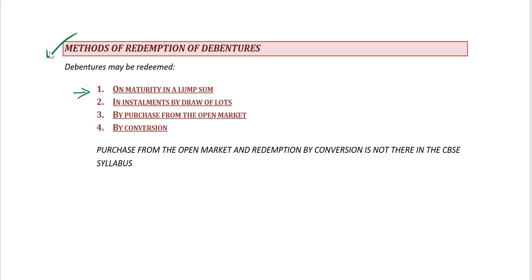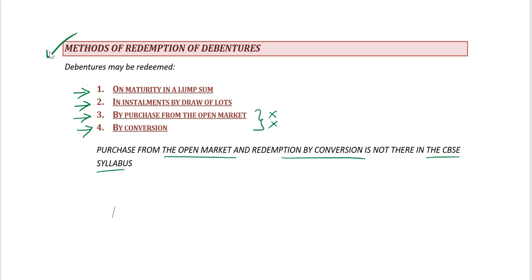On maturity in a lump sum, or second method in installments by draw of lots. The third method is by purchase from the open market, and the fourth method is by conversion. The third and the fourth method, which is purchase from open market and conversion, both these methods are not there in the CBSE syllabus.